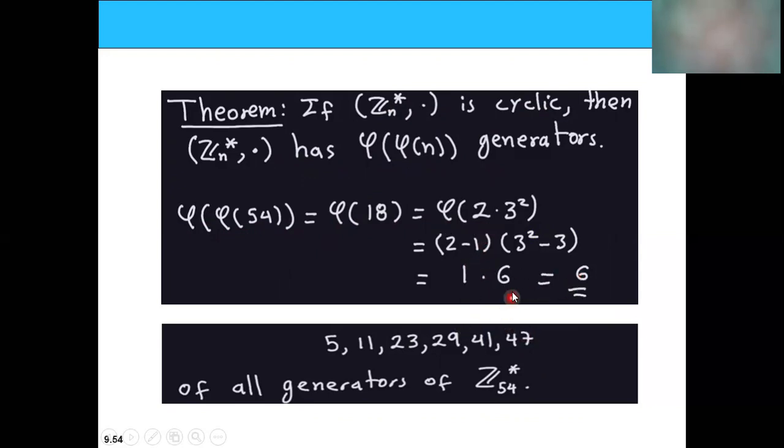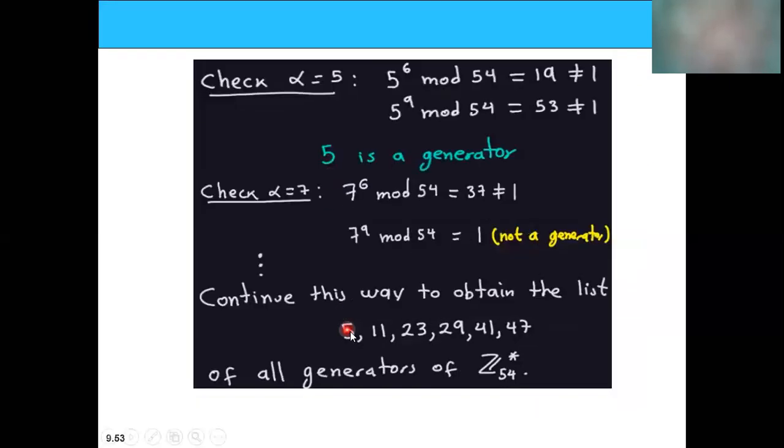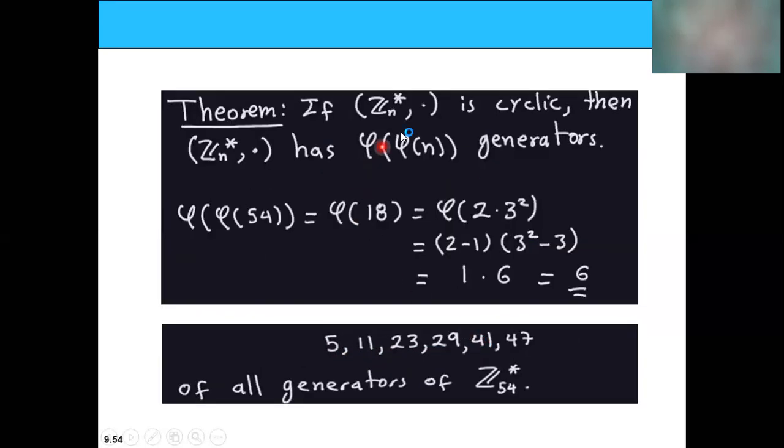So this basically has 6 generators. And from the previous example, you can see the generators are 1, 2, 3, 4, 5, and 6. This theorem tells you directly how many generators are possible among the unit elements of Zn star.